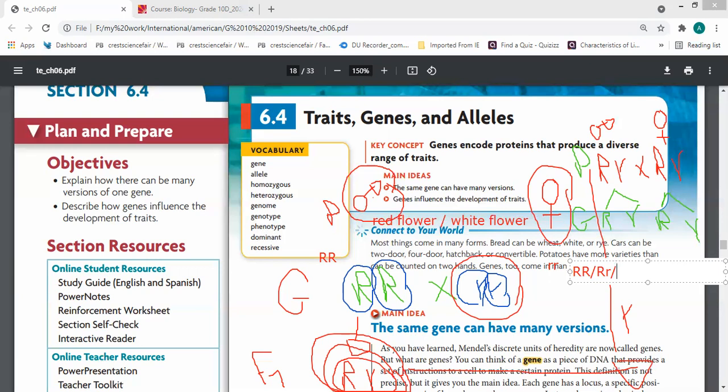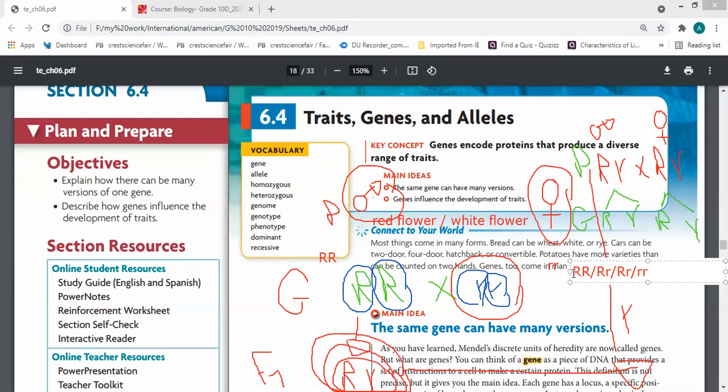Or the second factor of male, which is R small, will meet the first factor of female R capital, but firstly we write the capital letter, so it will be R capital R small. Or the second factor of male meets the second factor of female, so it will be R small R small.